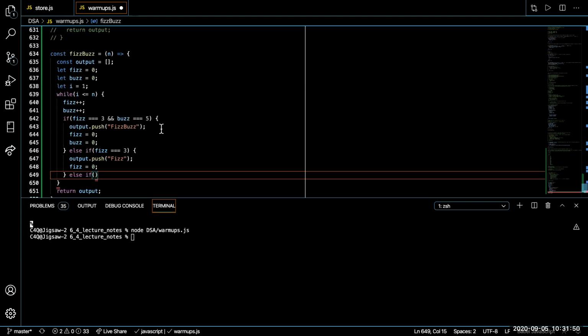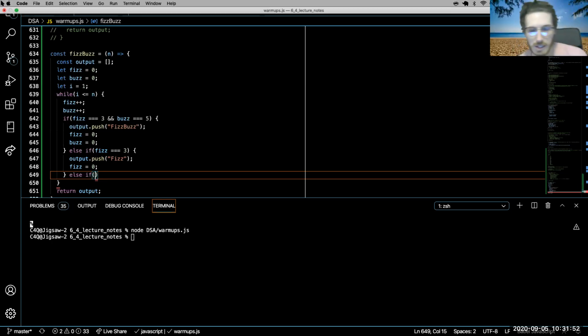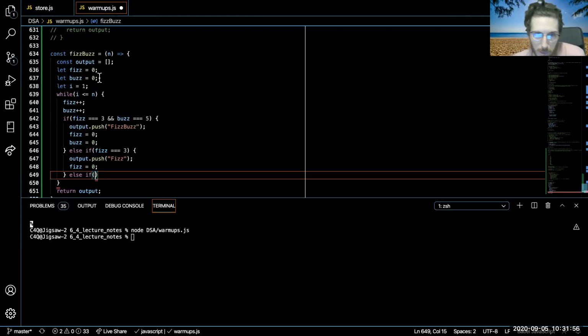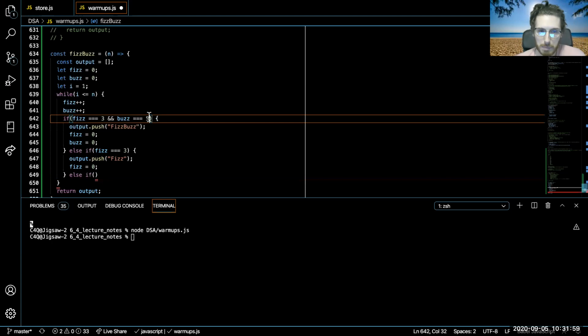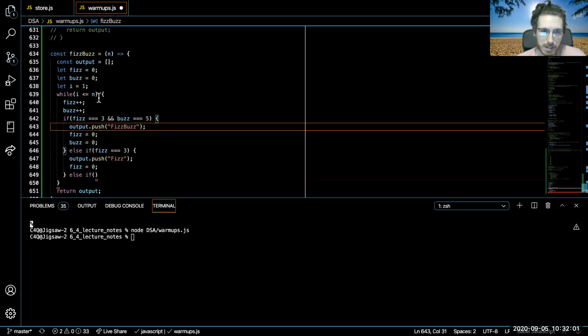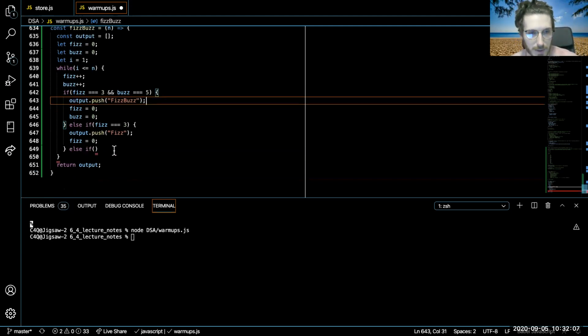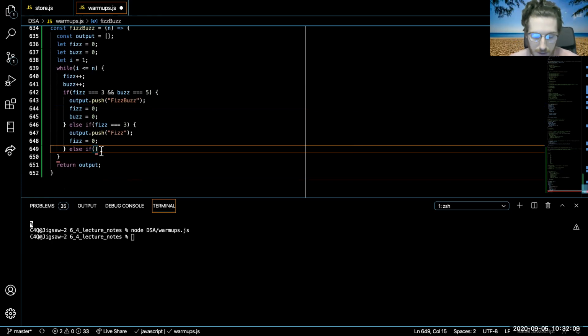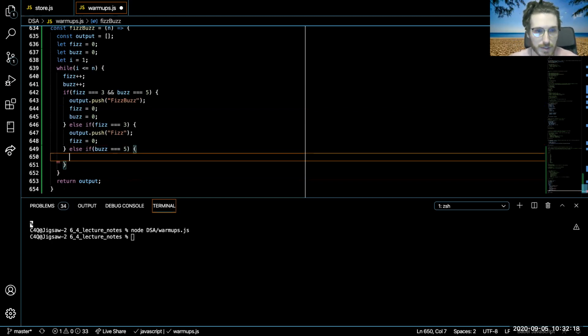Because this way we'll know if a number is divisible by 3 or by 5. Let's finish writing this out and then let's walk through it, okay? I think it will make a little bit more sense. So we'll say if buzz is equal to 5, we'll push buzz.